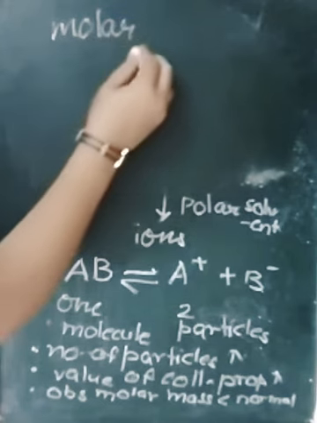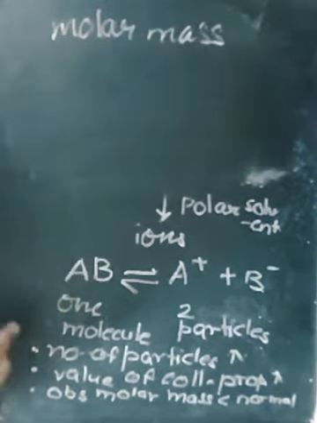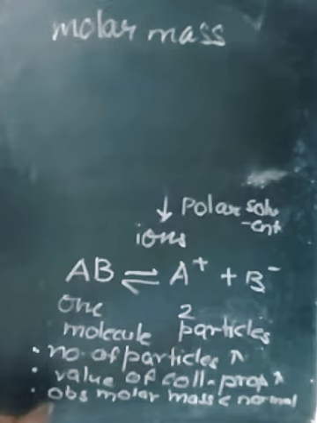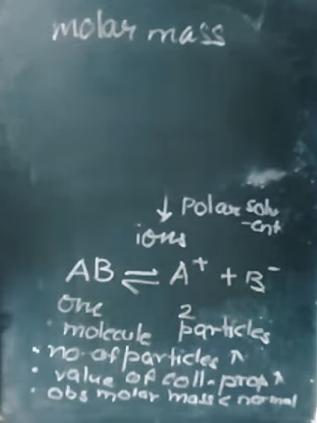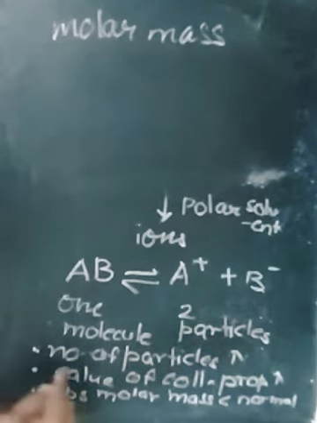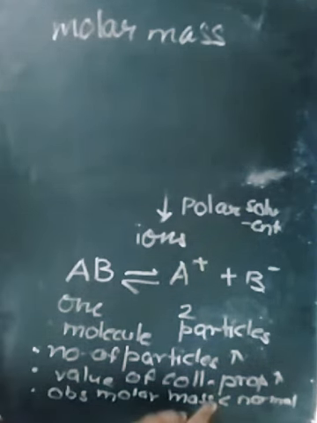In association we had seen just the opposite: the number of particles decreases there, so colligative properties will decrease and the observed molar mass will be more than the normal molar mass. In dissociation, the number of particles is increasing, colligative properties will increase and we will find the observed molar mass will be lesser than normal molar mass.